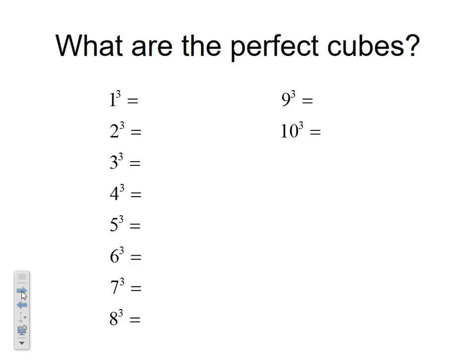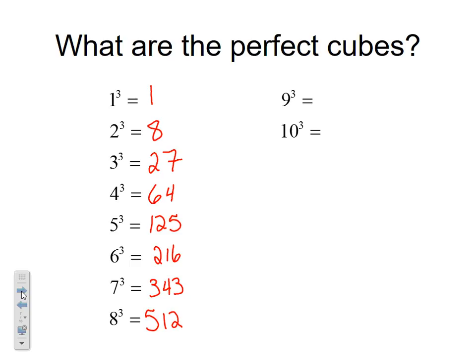So 1 cubed is 1, 2 cubed is 8, 3 cubed is 27, 4 cubed is 64, 5 cubed is 125, 6 cubed is 216, 7 cubed is 343, 8 cubed is 512, 9 cubed is 729, and 10 cubed is 1,000. So please do me a favor, get this list down somewhere because you're going to want to use it as a reference when we're doing our perfect cubes.